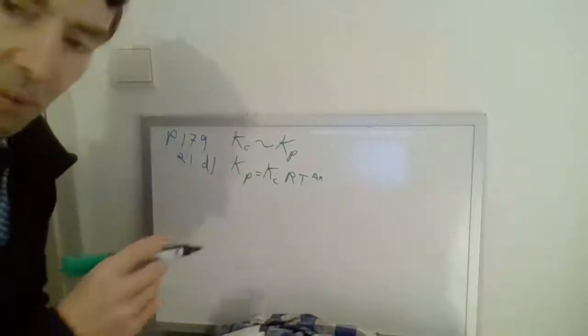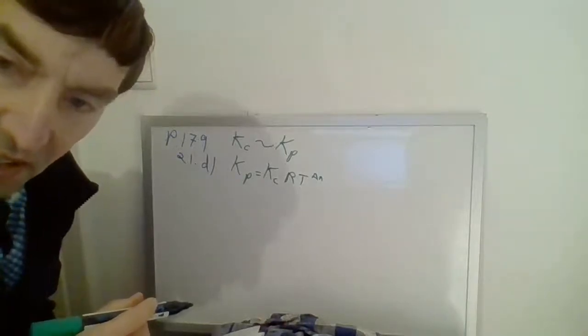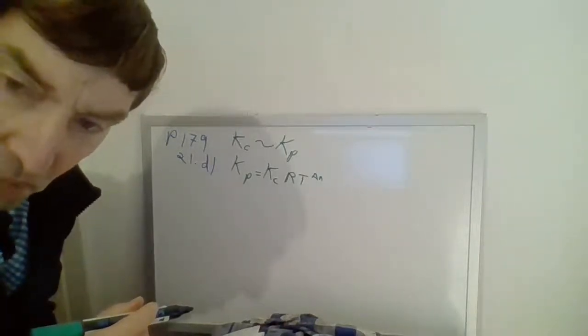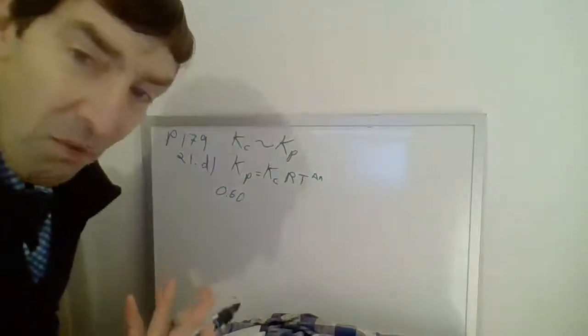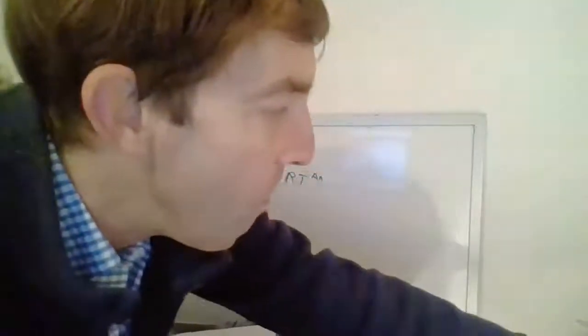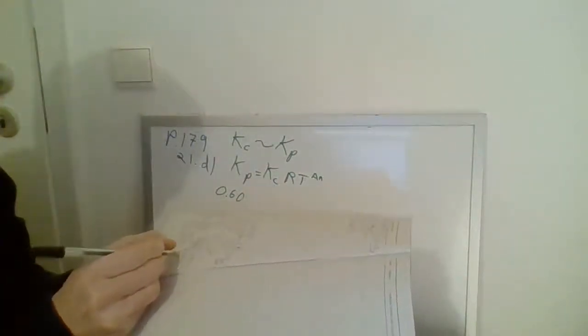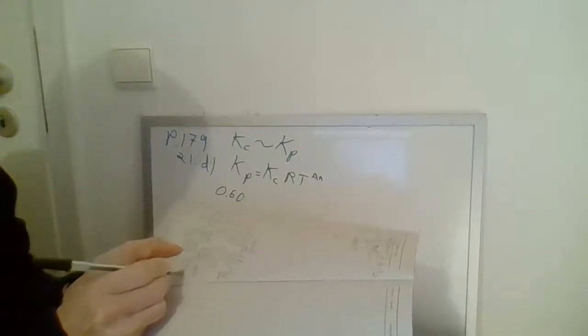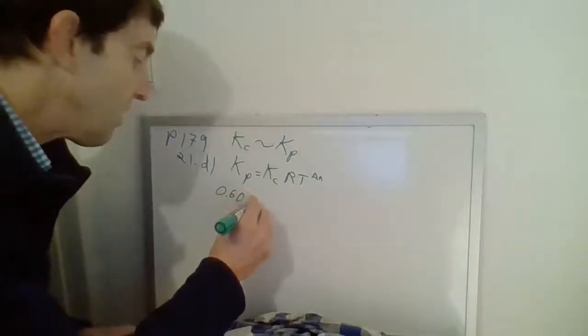All right, so here we go. Thank you very much. Super. So she's got a Kp value of 0.60. And remember, Ks have no label, so we don't have to worry about that. And I want the Kc.